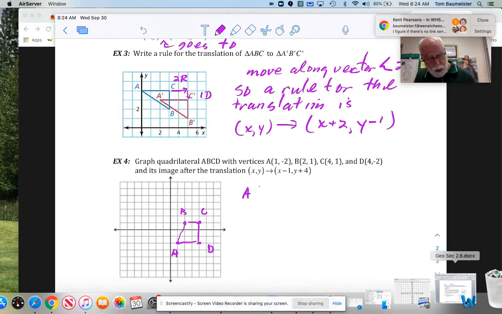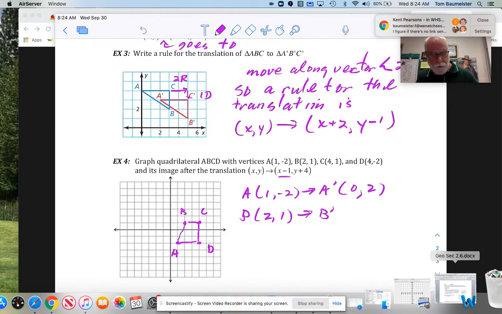So we could say that A, 1 and -2, goes to A prime. If I'm going to take 1 minus 1, that is 0, and -2 plus 4 is 2. For B, our point was 2 and 1, so I'm going to do the same thing.